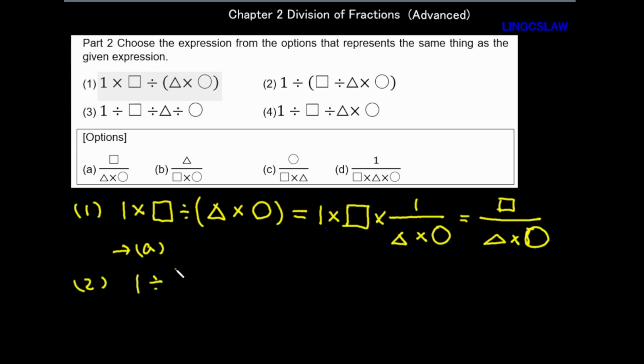Number 2, 1 divided by parenthesis a square divided by a triangle times a circle equals.